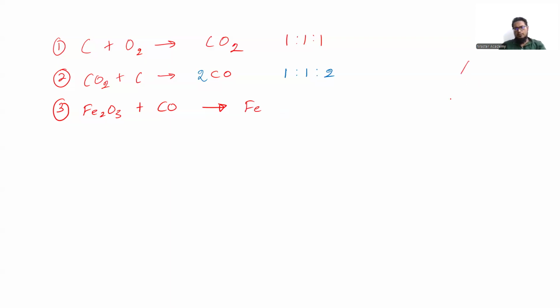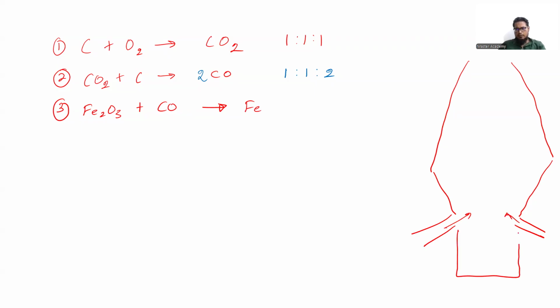So if you draw a blast furnace like this, hot air blast is sent from the bottom, and here the needed ingredients are collected. Fe is collected. This is so hot you can't use any metals or any iron structure because that will melt. So we use fire bricks.